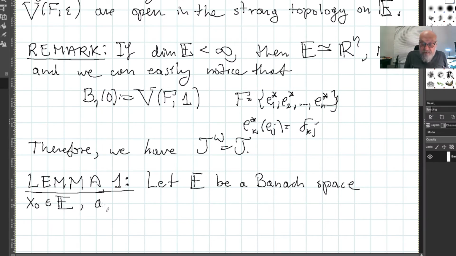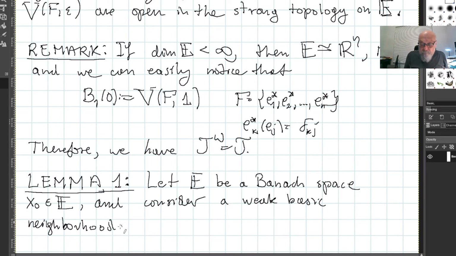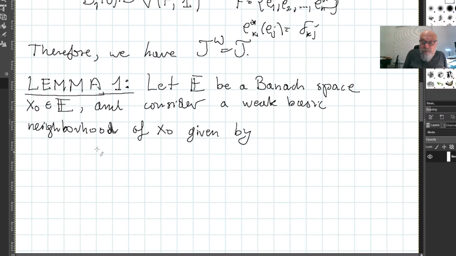And consider a weak basic neighborhood of x0, given by the formula V_{F,epsilon}, and we know what it is.